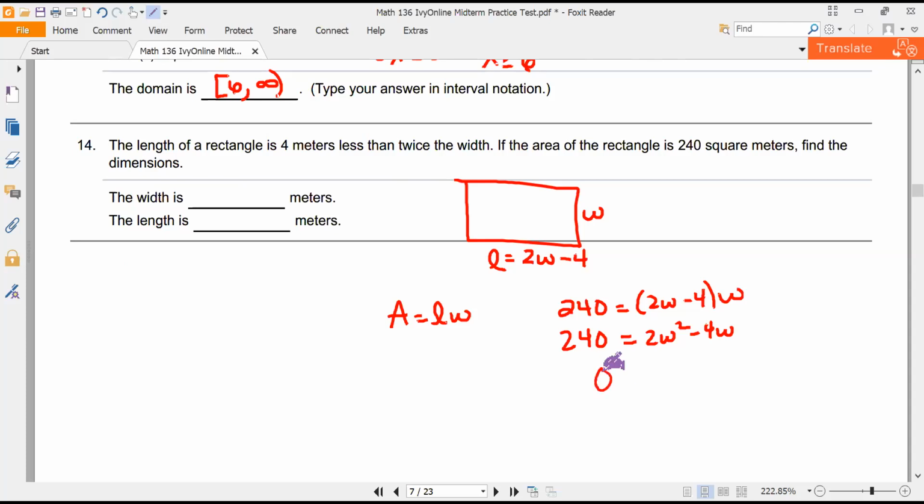So it's going to be 0 equals 2w squared minus 4w minus 240. Divide everything by 2 since everything's even on both sides. 0 divided by anything is still 0, as long as the bottom's not 0. This would be w squared minus 2w minus 120.